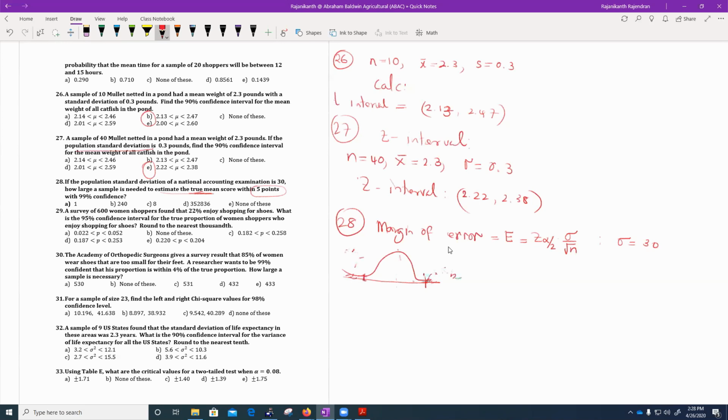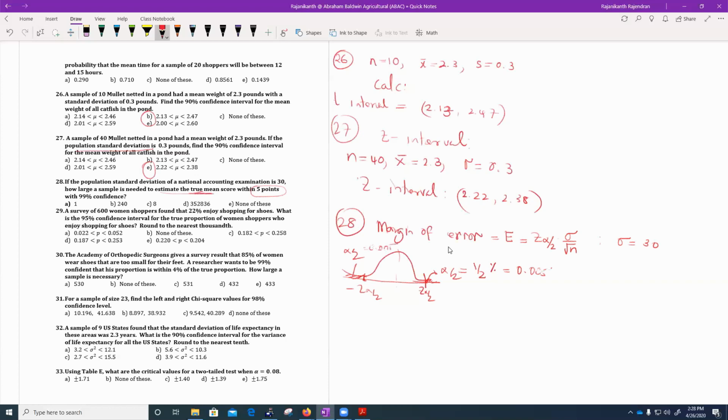So this is my negative z alpha over 2, right? This is positive z alpha over 2. What is my alpha over 2 here? The confidence level is now 99. The remaining 1% divided by 2 is a half percentage. So that is how much? It is 0.005, right? So this side also 0.005.